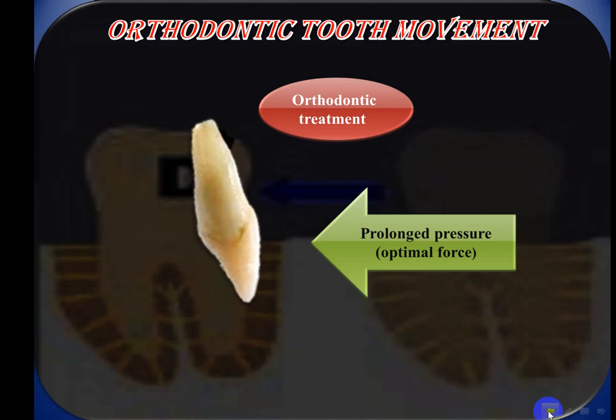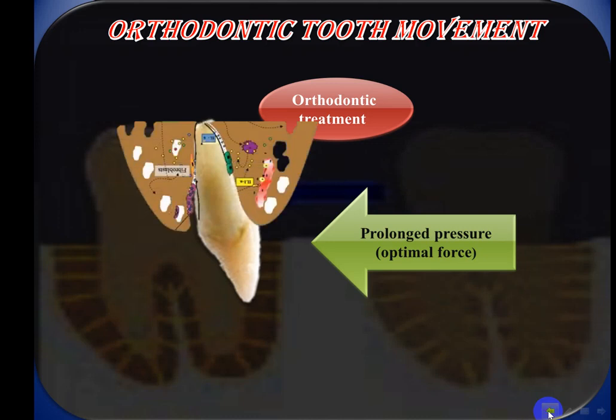I mean, due to the bone remodeling process in the bone adjacent to the tooth, represented by the appearance of osteoblast cells on the tension side and osteoclast cells on the pressure side.